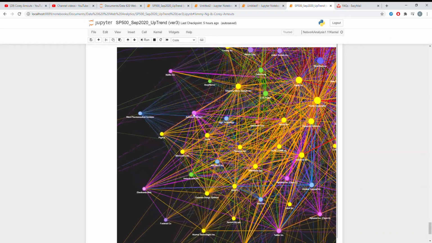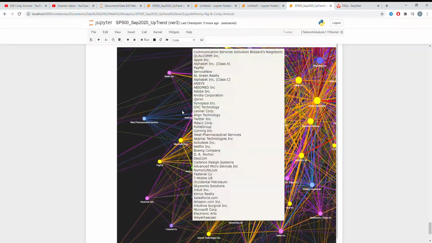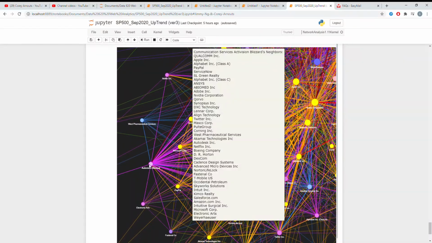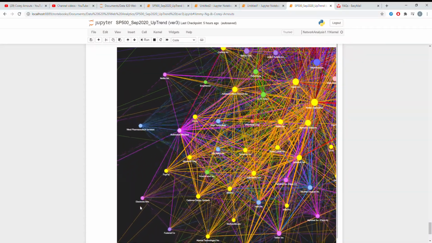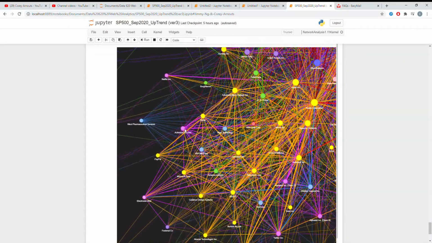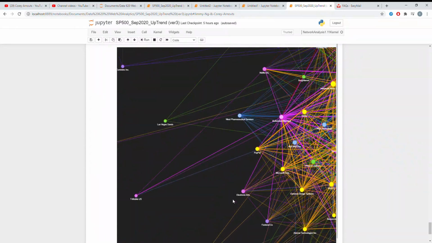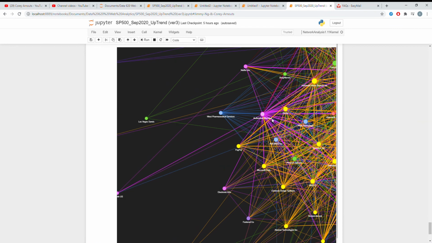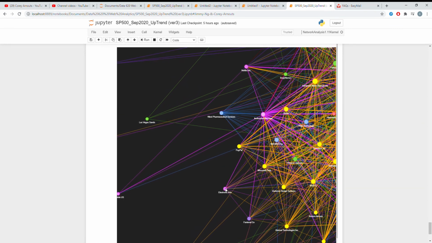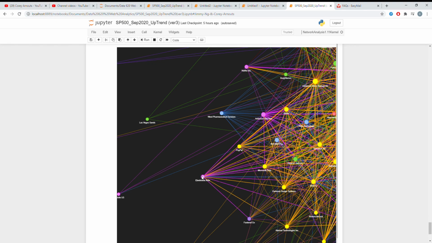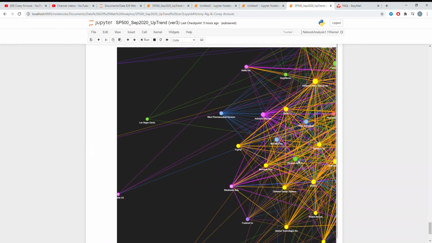Activision and Electronic Arts, these are both, gosh, this is crazy, man. These are both gaming companies, EA and Activision. It's just super interesting how those two come out right next to each other, because this is a big video gaming company, this is a big video gaming company, and they kind of share a lot of the same connections, probably connected to Microsoft, Amazon.